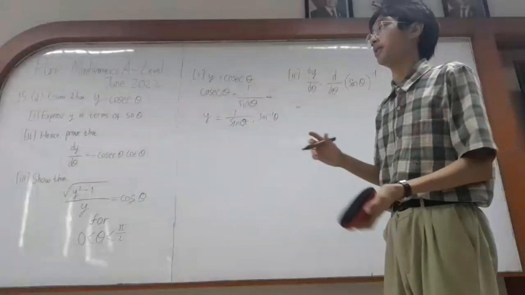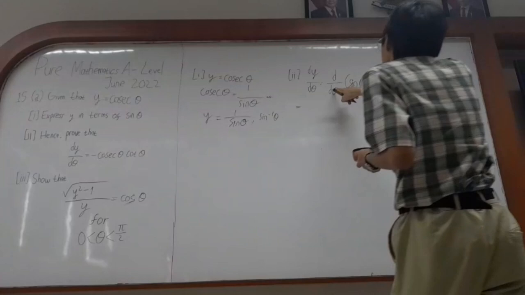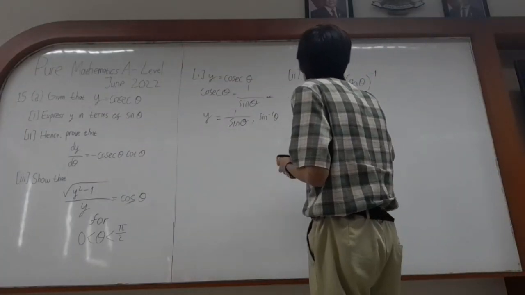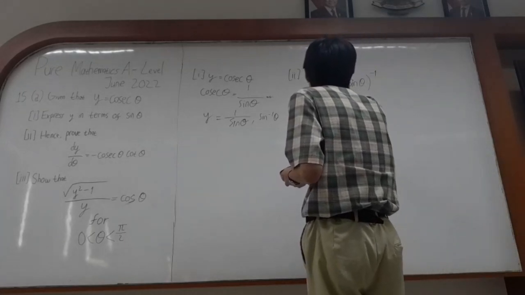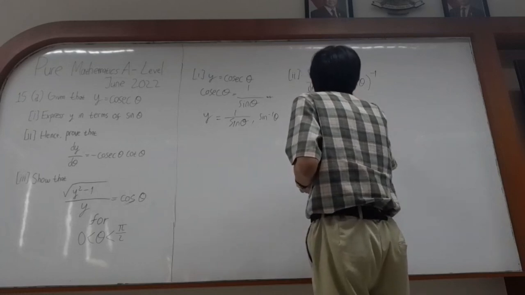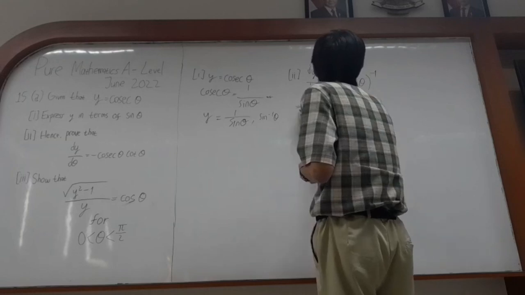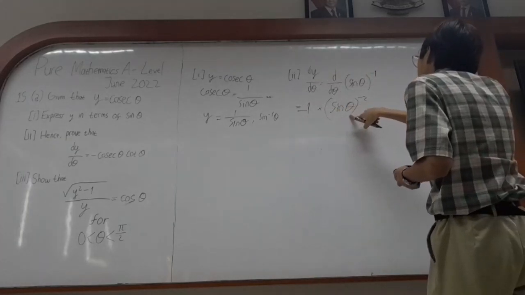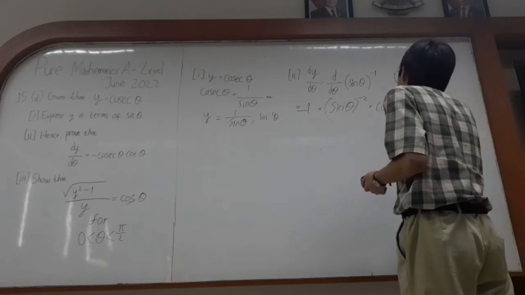If you are wondering where the cos theta actually came from, let me write the equation first. So d over d theta of something. The function will be written as such: minus 1 times sin theta to the power of negative 2, and also cos theta.